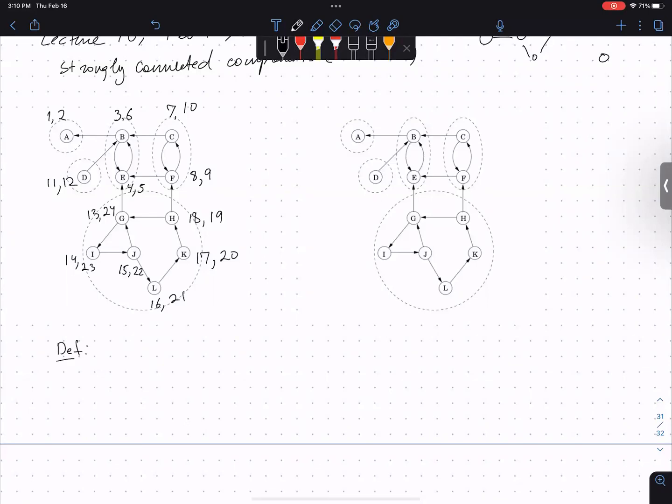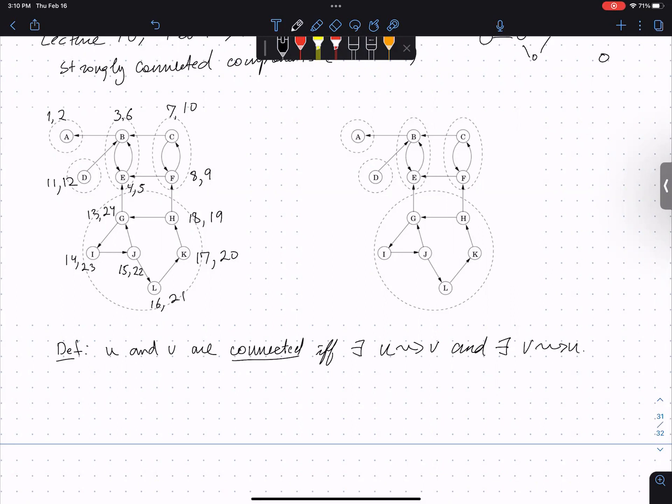U and V are connected if and only if there exists a path from U to V and there exists a path from V to U. So in other words, C and G are not connected because there's a path from G to C, but there's no path from C to G.